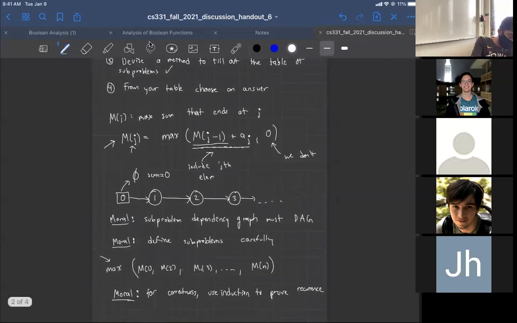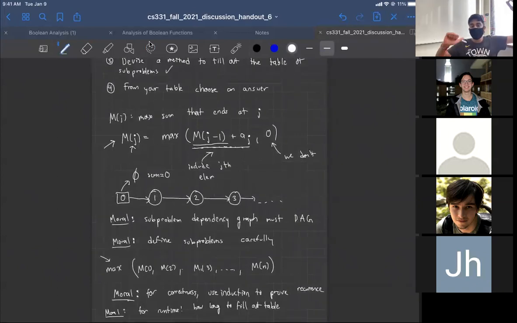And for runtime, what do you do for runtime? You count how long it takes to fill out the table. So how long does it take to fill out the table? Basically you have n elements in this table, right? You think about how much time it takes to fill out each one, and then you sum them up. In general, that's what you'll do.